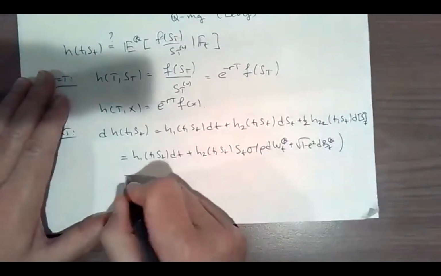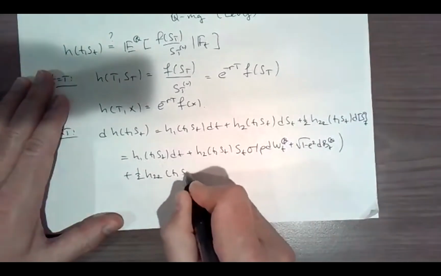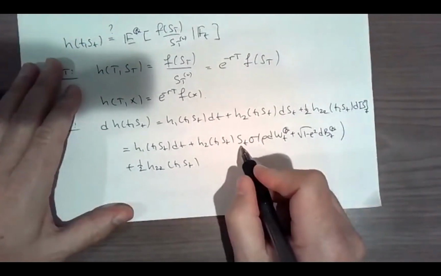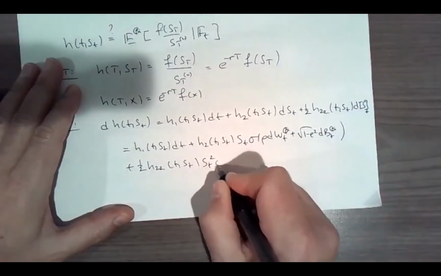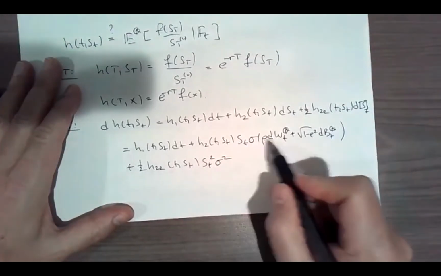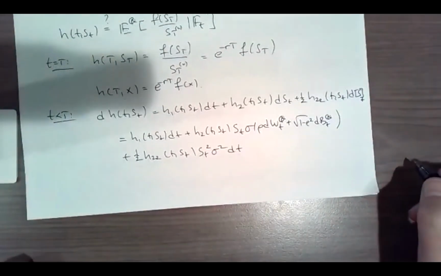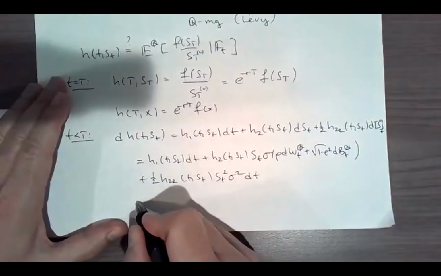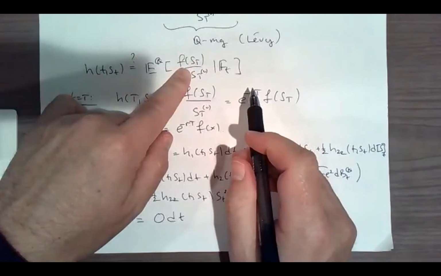Then we have plus a half H22 T, ST, and then the quadratic variation is going to be we square the integrand, so that'll be ST squared sigma squared. We square that and we square that. It's all going to give us a dt. And what I want it to be is 0 dt, because H is going to be a martingale.